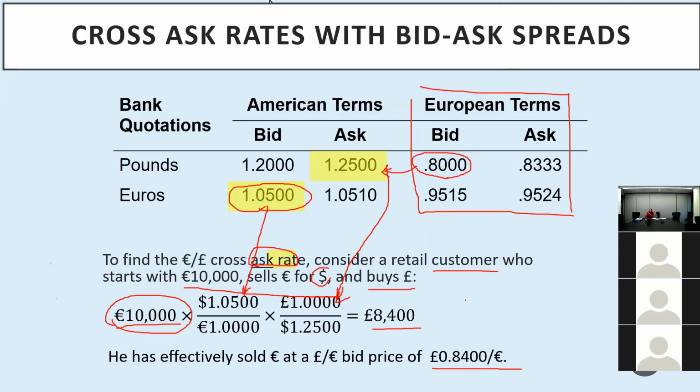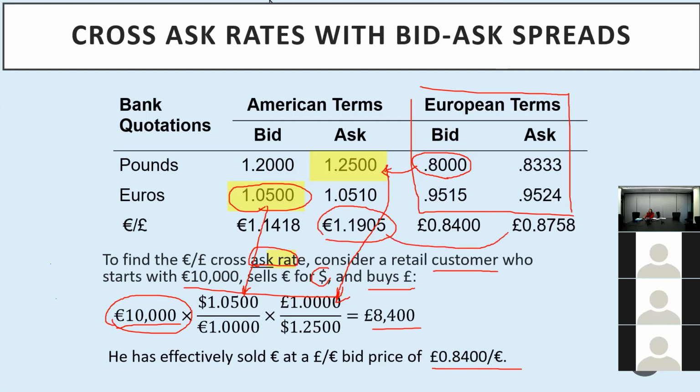Okay. So similar to before, the cross ask rate for the pound would be the reciprocal of the cross ask rate for the euro. Okay.